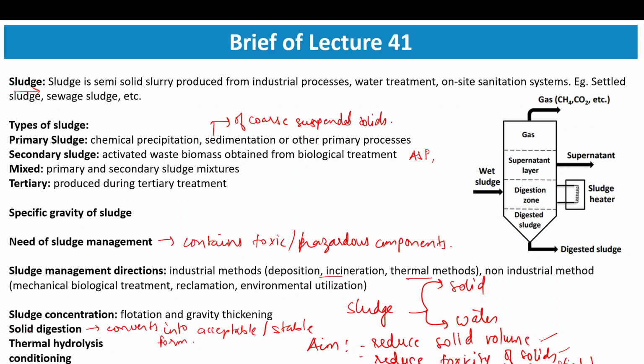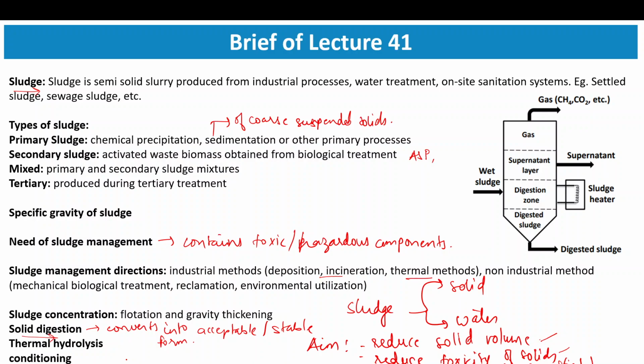Now, solid digestion handles solids which are easy to digest. Now, if there are some solids which are difficult to handle and not easily degradable, then what do we do? We have thermal hydrolysis for that, where we apply high temperature and high pressure.